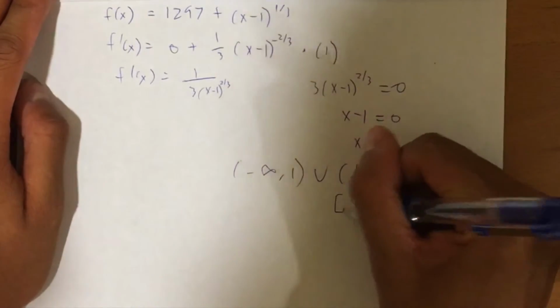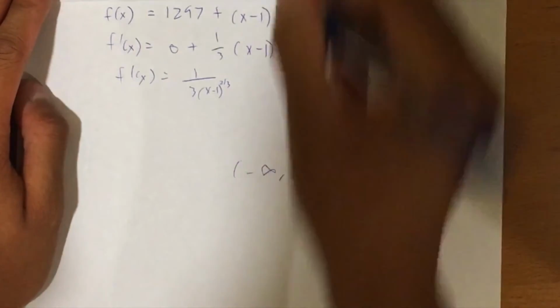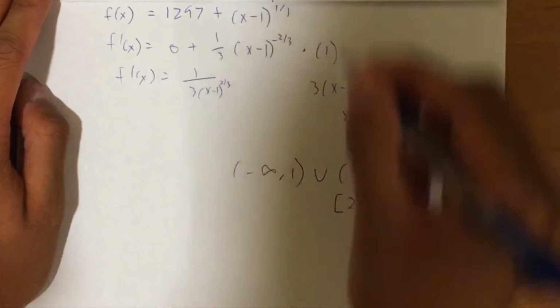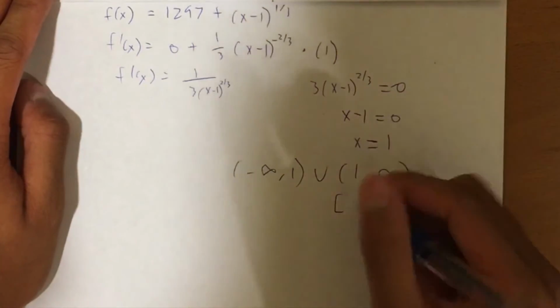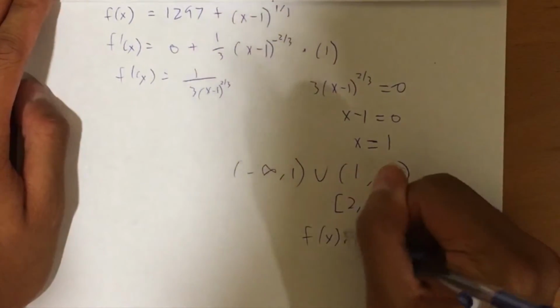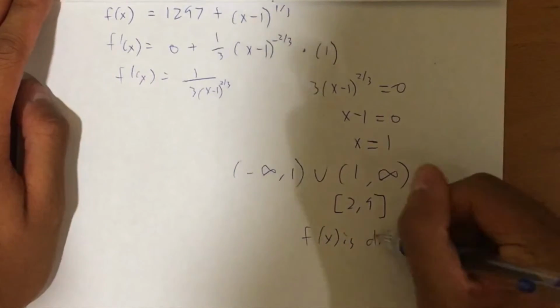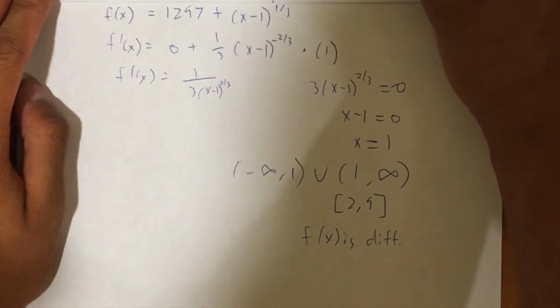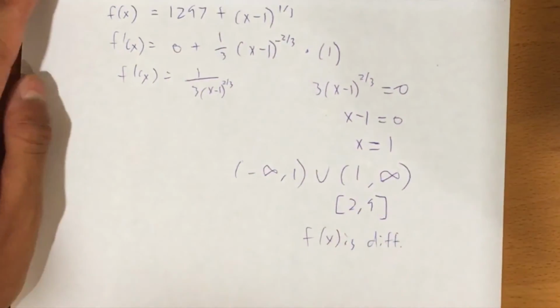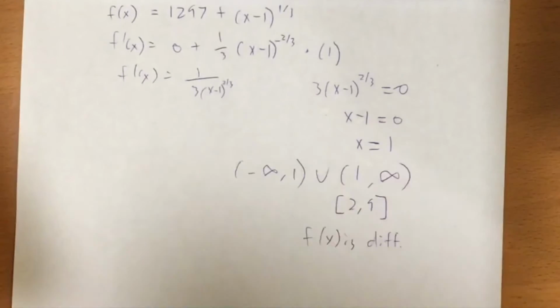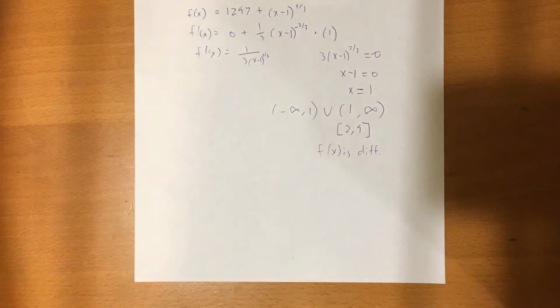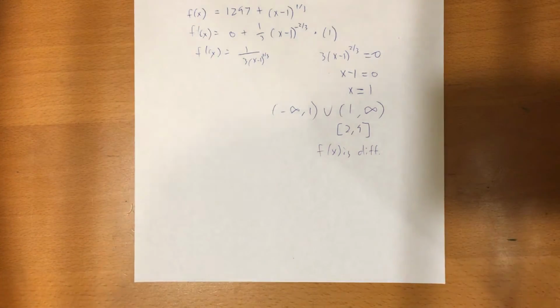Since our interval is 2, 9, we can conclude that on the interval 2 to 9, f of x is differentiable. So we can put a check here. So now that we know it's continuous and differentiable, we can apply the mean value theorem.